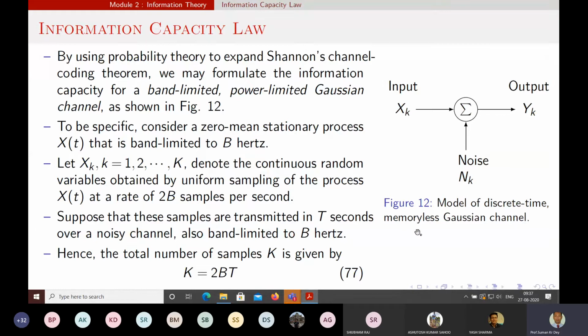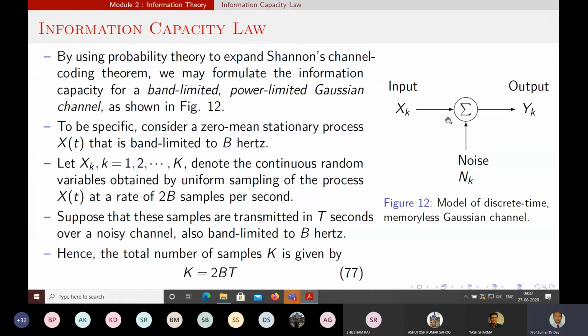It is shown in this figure: the memoryless Gaussian channel, discrete time. This is a discrete input, and this is the channel, and this is the noise.